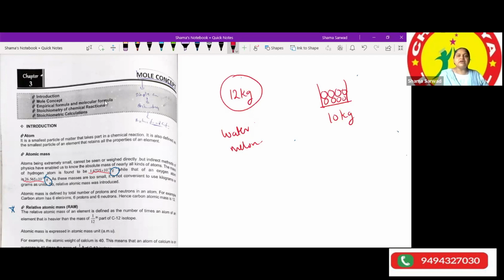I will cut this watermelon into 12 equal parts. Correct? Suppose these are the equal pieces. My drawing is not too good, but assume it's equal parts.